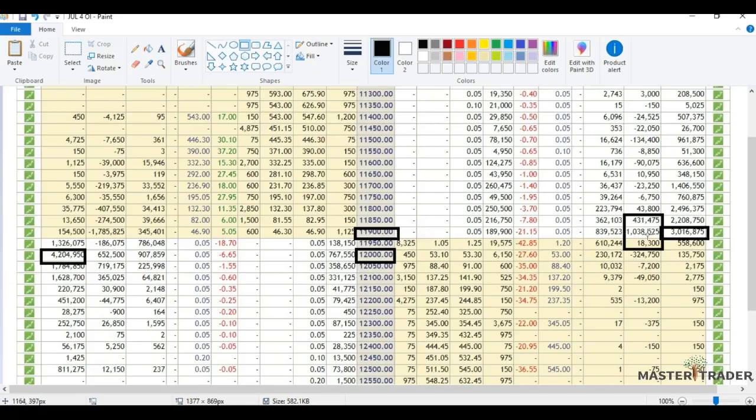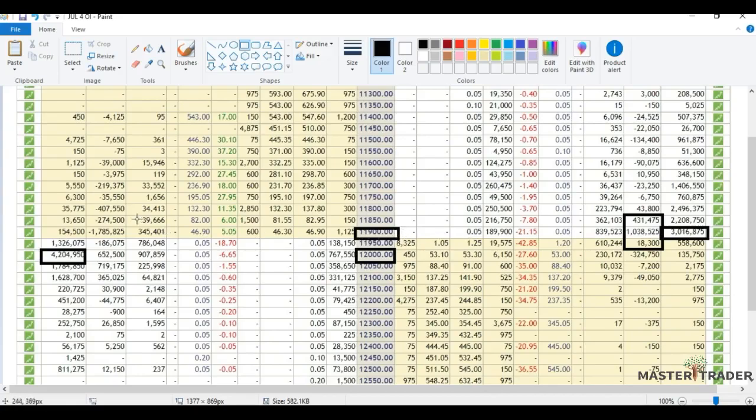So this may act as a good support for us, guys, 900. Heavy contracts have been written near 900. So these guys are bullish near this level, 11,900.